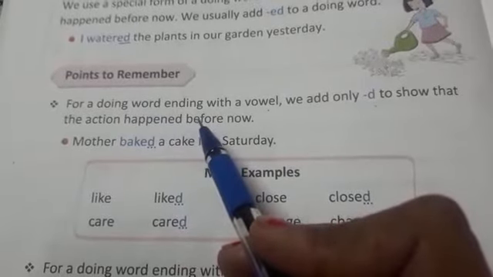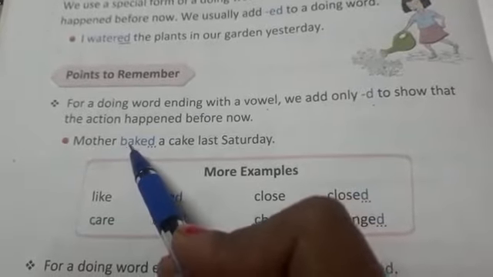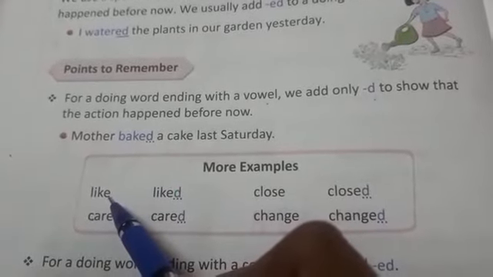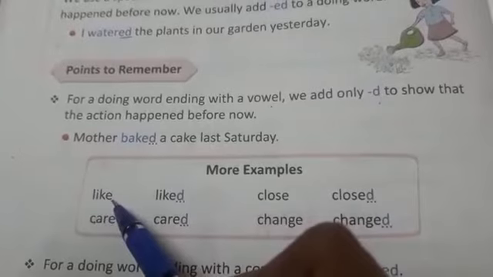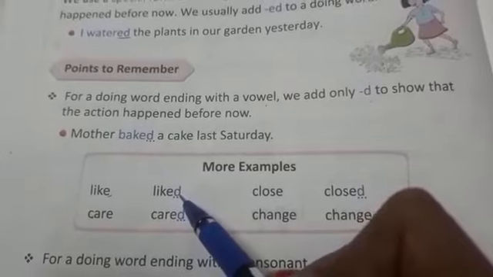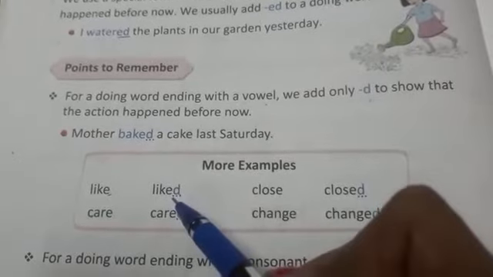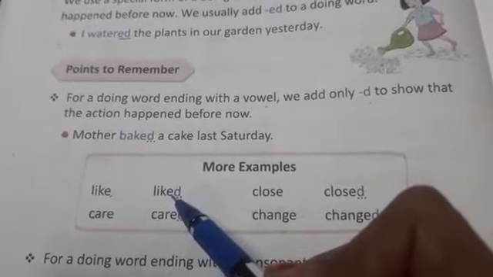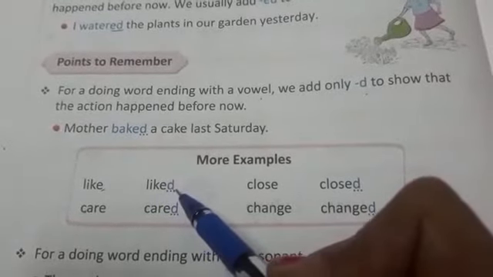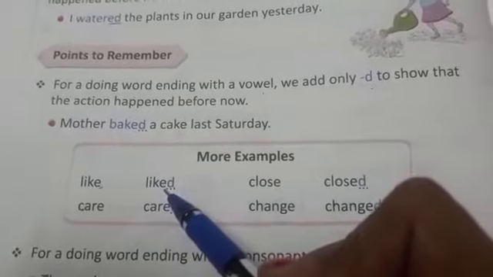So if any action word, any verb, ends with a vowel, like bake, like, you can see here e is the vowel. So after the vowel you should add only and only d. You should not add ed, because the vowel is already present. These kinds of words, you should add only d.